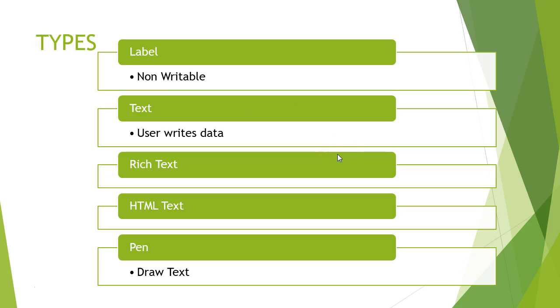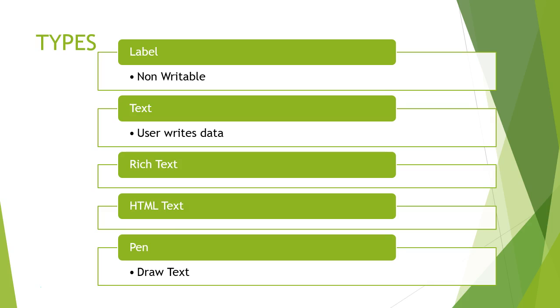There are various types of text controls available. If you do not want the user to type the data and just show information about the data, we usually use the label control. Next, we have the text control, where the user can type the data.